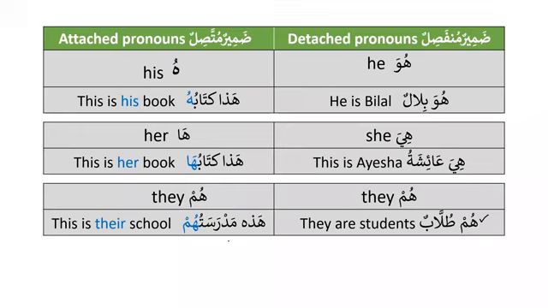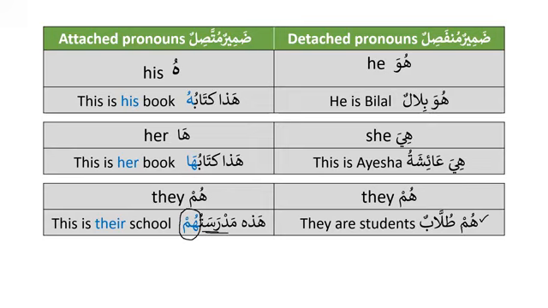So attached pronoun will be used either after the noun, for example, madrasatuhum, or after the verb, for example, sa'alahum, he asked them, or after the preposition, lahum. So it will always be used either after a noun, or after a verb, or after the preposition. So then we will know that this is an attached pronoun.